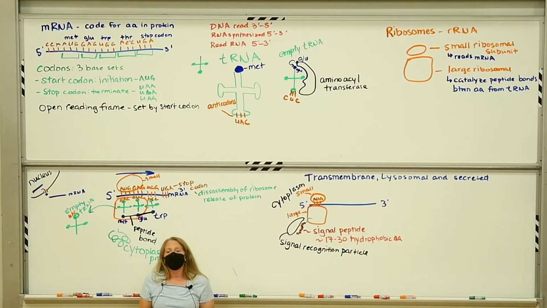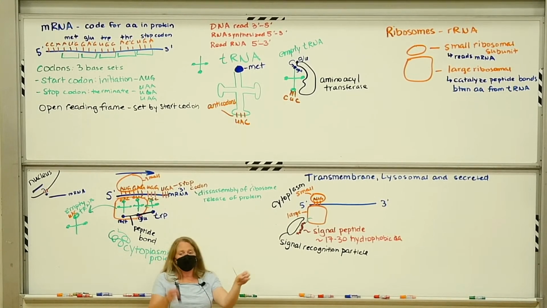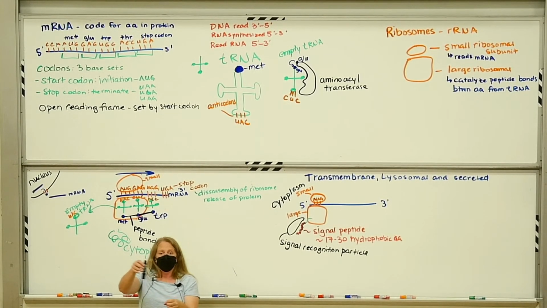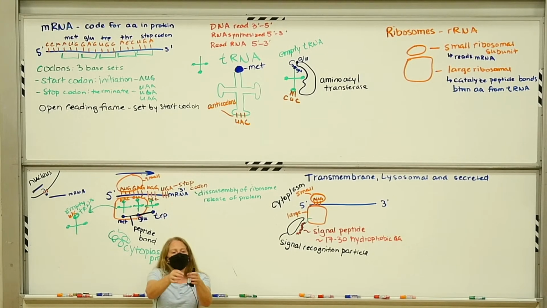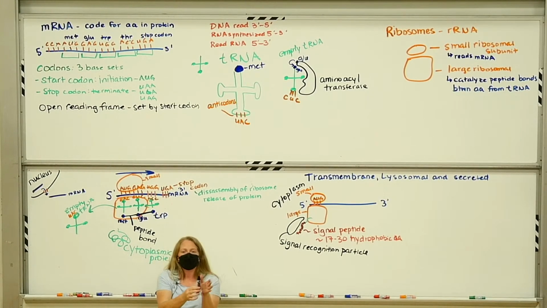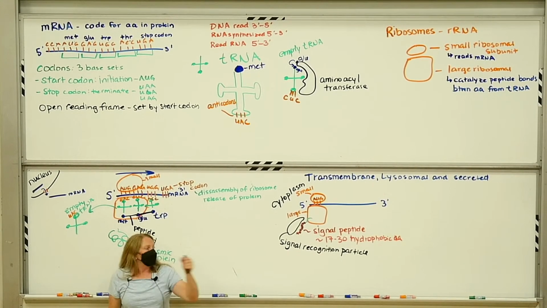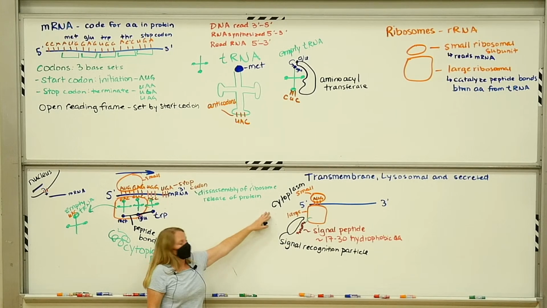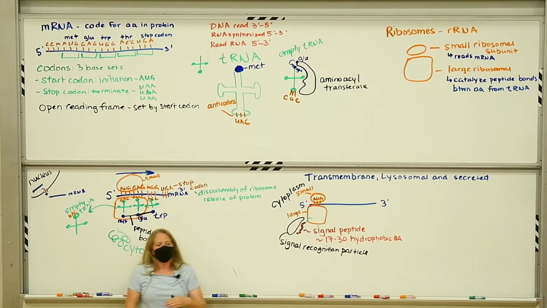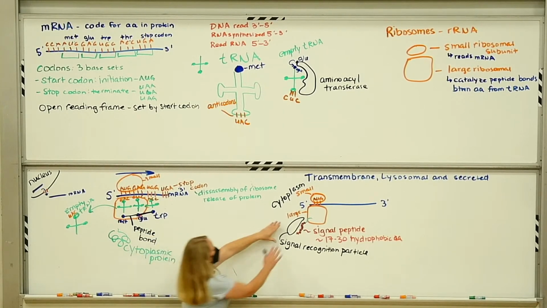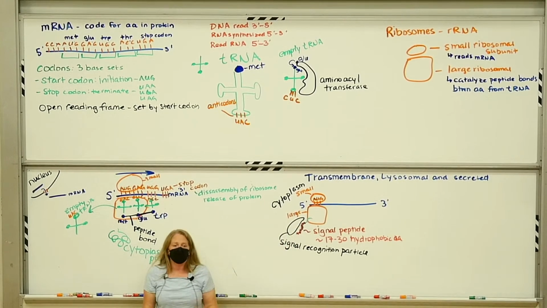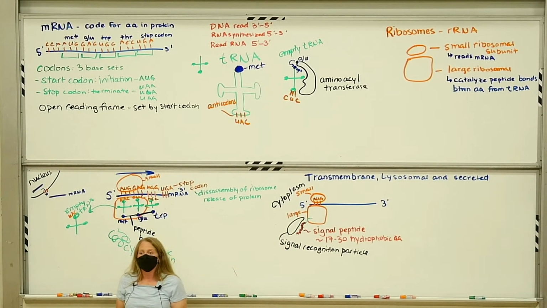You could think of it kind of like a hot dog bun. Normally it's closed, so it's keeping itself secure, but if it finds a signal peptide, it will bind around it so that the hydrophobic amino acids and the hydrophobic portion of that signal recognition particle can stick together and stay out of the plasm. I can't draw it that way, but you can imagine that this is now wrapped around that signal peptide to protect it.